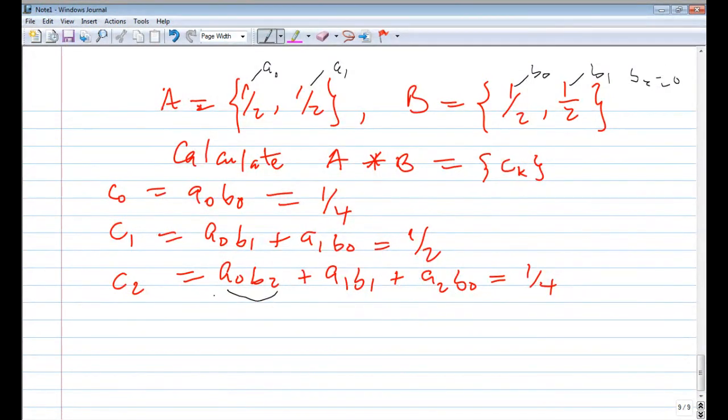So 0 times that one is going to be 0. The same applies to A2. In filter number 1, we don't have A2, so A2 is 0, and 0 times B1 is going to be 0. So this part is 0. But A1 and B1, you have them. It's half and half. So the answer is 1/4.